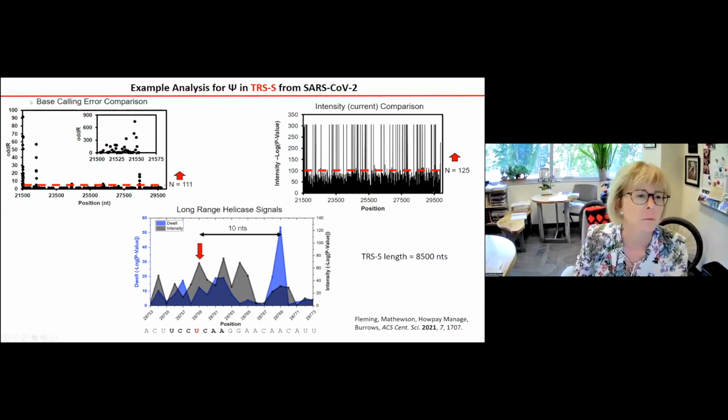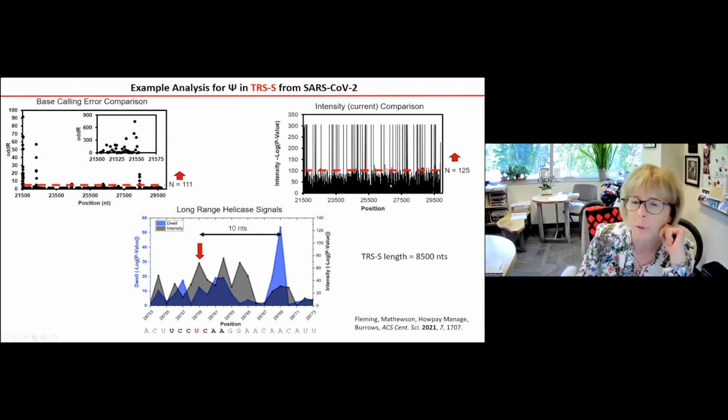So again, base calling error is one thing where you will get things moving high above the baseline. Current intensity is another place where we'll see things jumping up above a baseline, a background level.